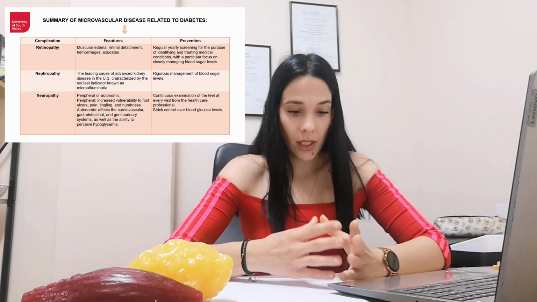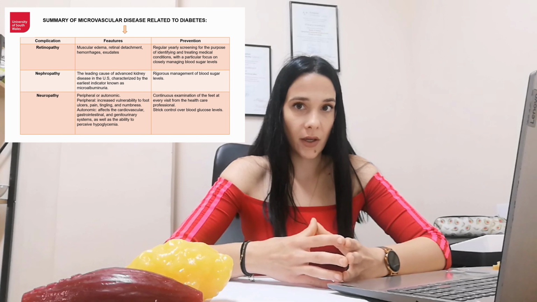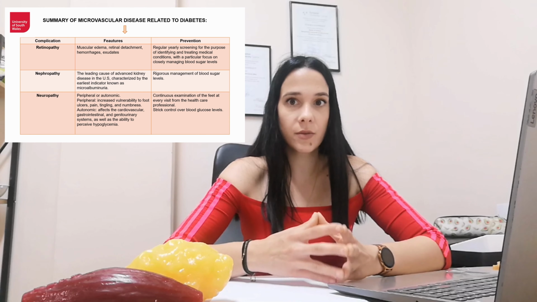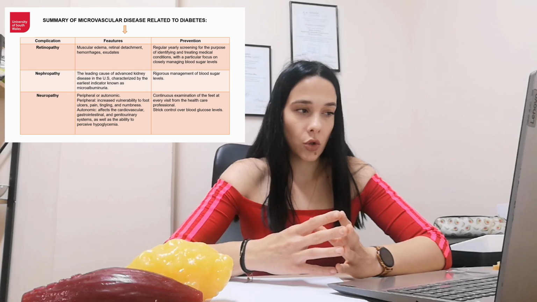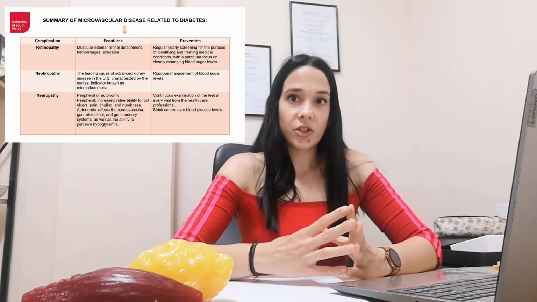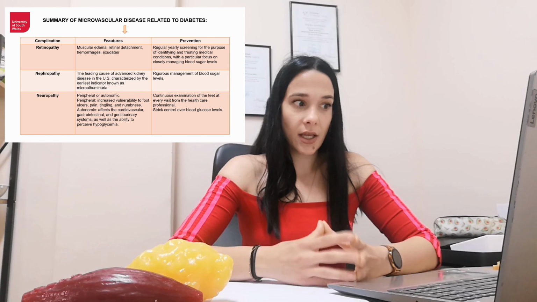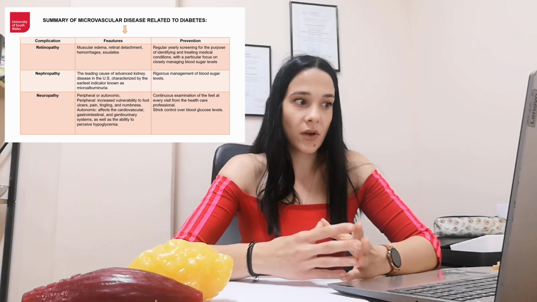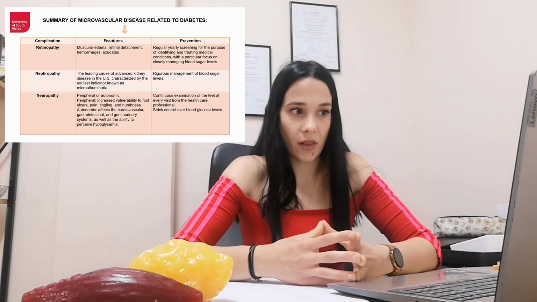Closing with neuropathy. In here we have the peripheral or autonomic. Peripheral contains increased vulnerability to foot ulcers, pain, tingling, and numbness. In autonomic, neuropathy affects the cardiovascular, gastrointestinal, and genitourinary systems, as well as the ability to perceive hypoglycemia. How can we prevent neuropathy?